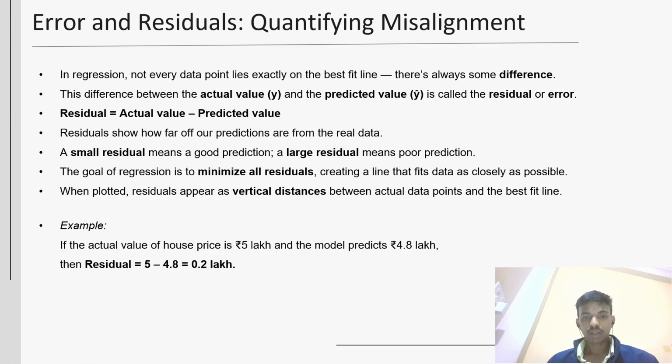Here is one example we have taken: if the actual house price is 5 lakh rupees, and the model predicted 4.5 lakh, then the residual is 0.5 lakh as per calculation, as we can see here. So our goal in regression is to minimize this residual as much as possible. We will go to the minimum residual point.